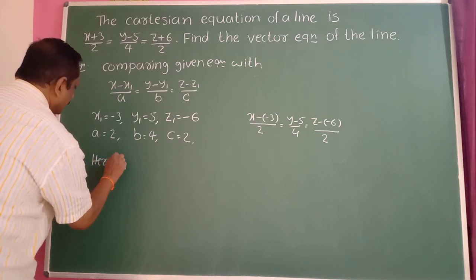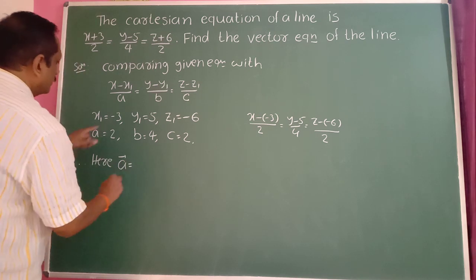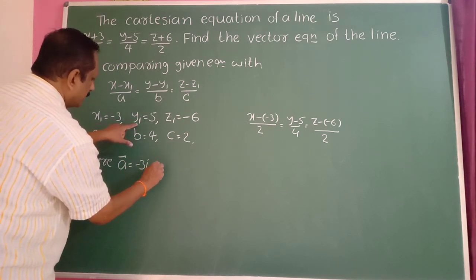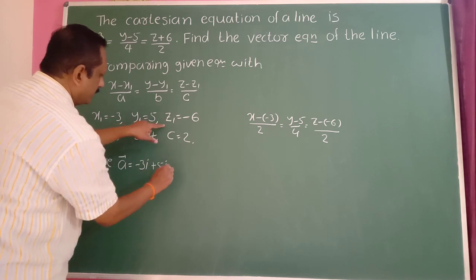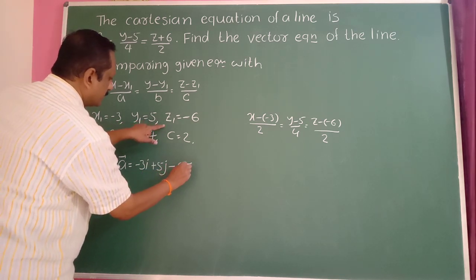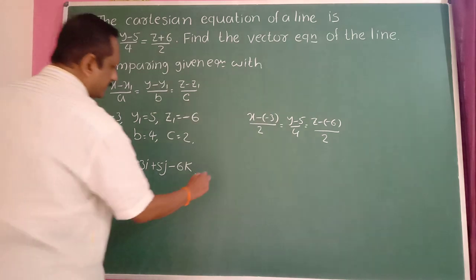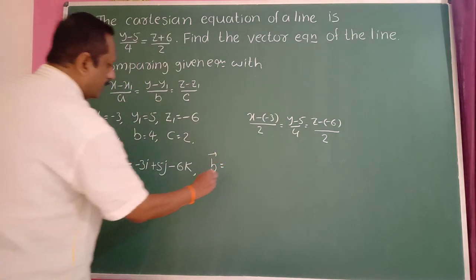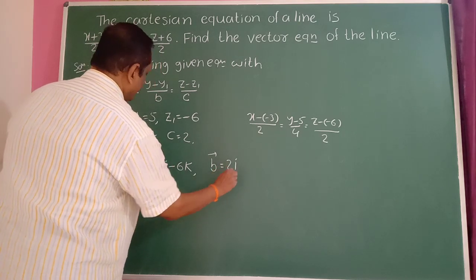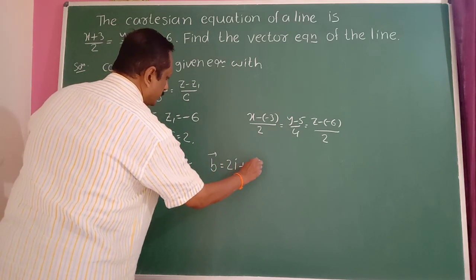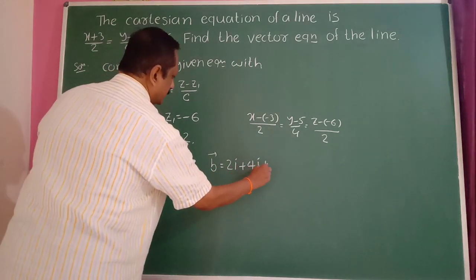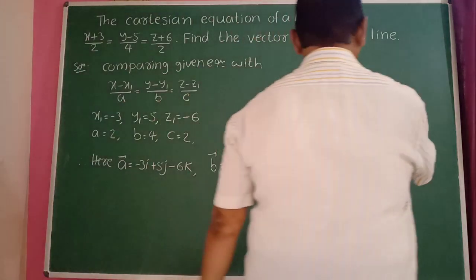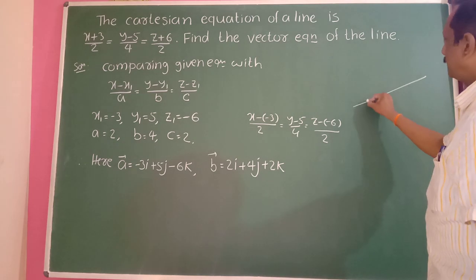Here, a bar is equal to minus 3i plus 5j minus 6k, and the vector b bar is 2i plus 4j plus 2k. Okay, means the line is passing through a point here.